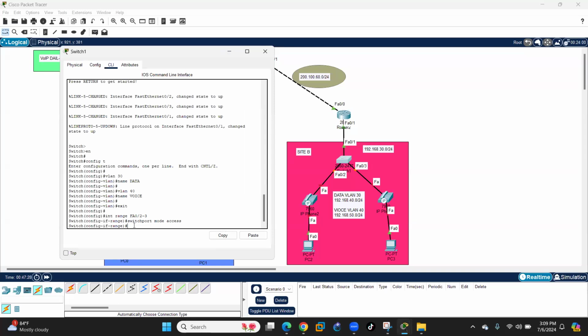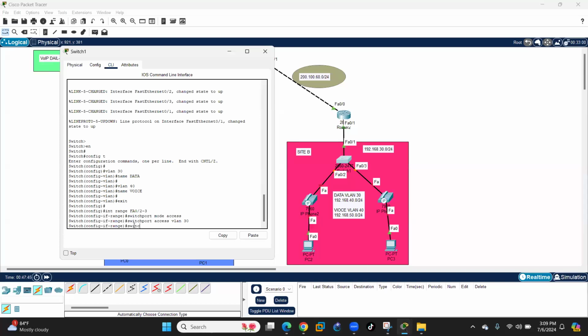Switchport mode access. Switchport access VLAN 30, which is the data. Switchport voice VLAN 40.